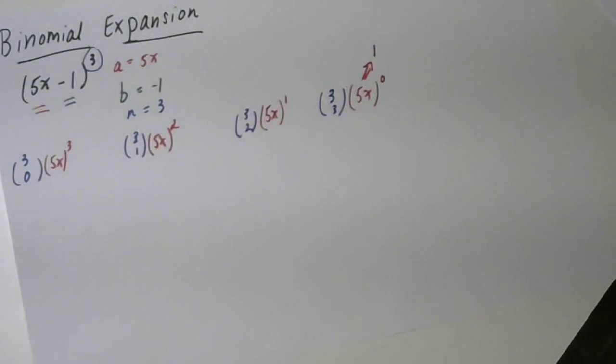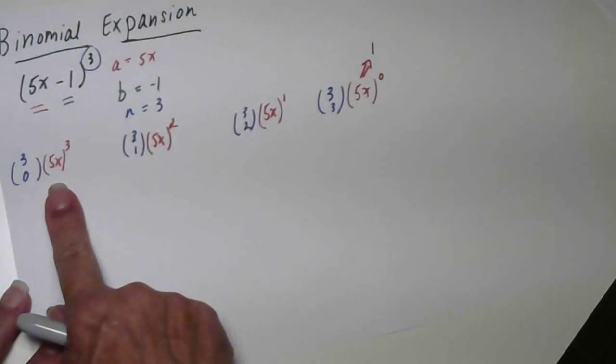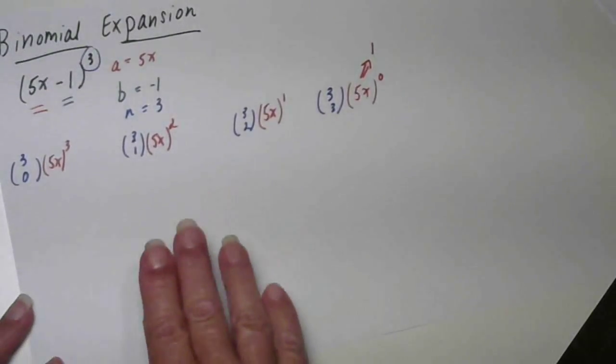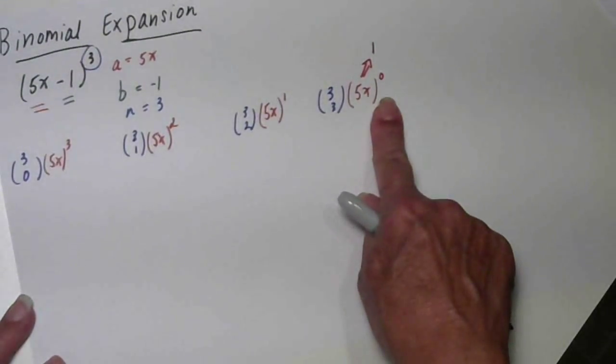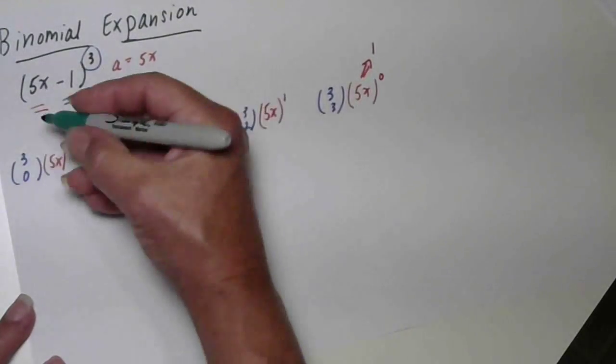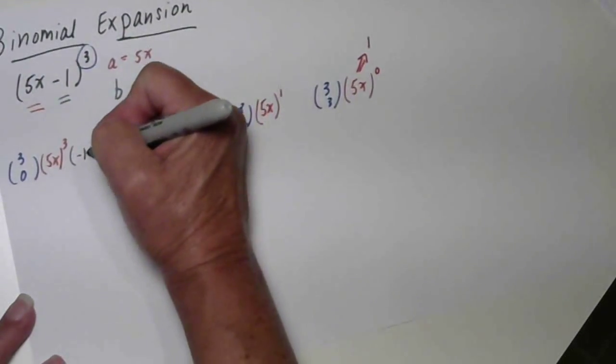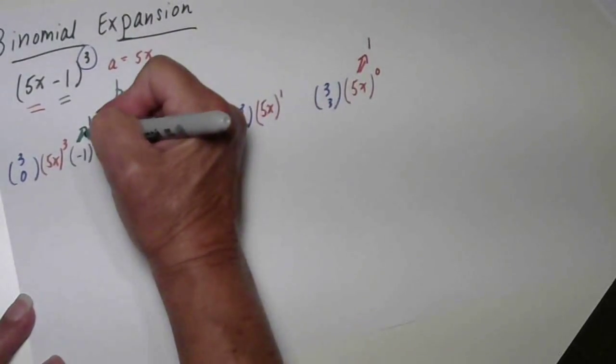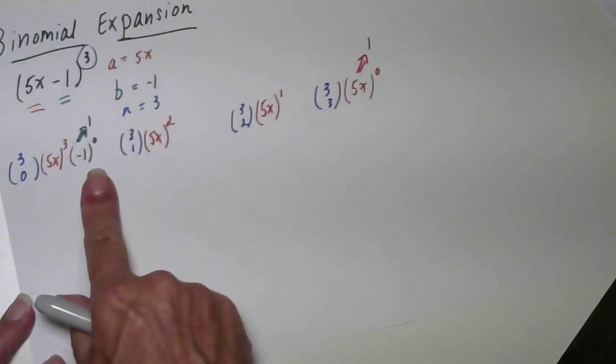Now we have to put in the third piece of information that every term has, which is our B term. In the first term, there is no B. We don't see it. It's disappeared. Just like this has disappeared in the last term, B has disappeared here. But we can denote that by -1 to the 0 power. Again, anything to the 0 power is just 1.